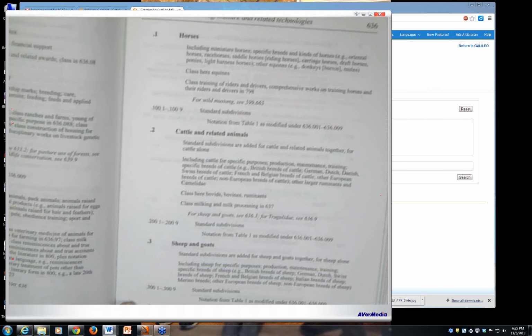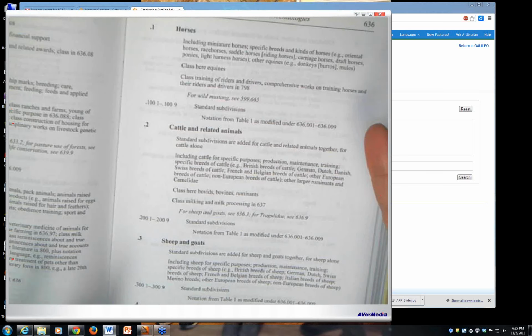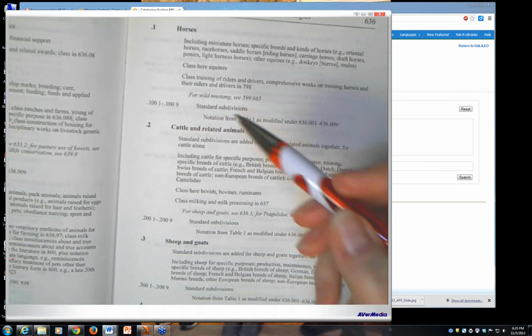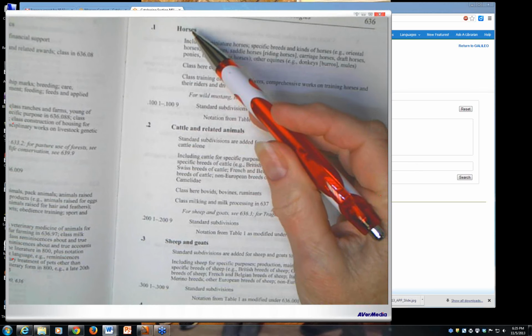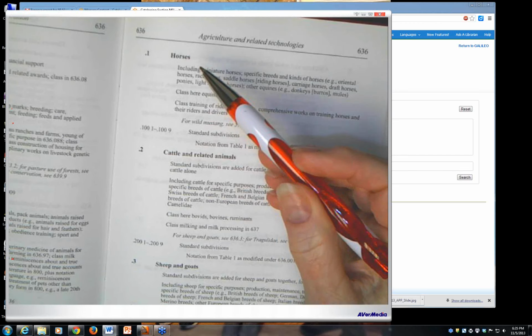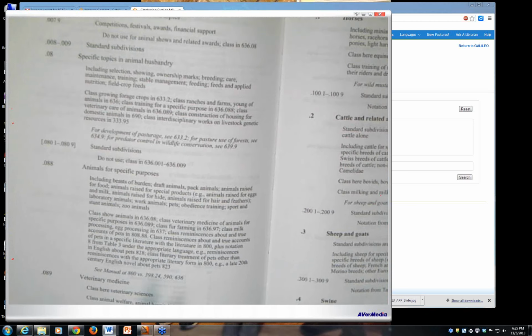Now, we look at those. As far as this is all we know, it's about sheep and horses. And we need to know if we're going to go with the first of two rule, which would put horses first, or if there's another note up here that has a table of preference that might show me sheep should come first.